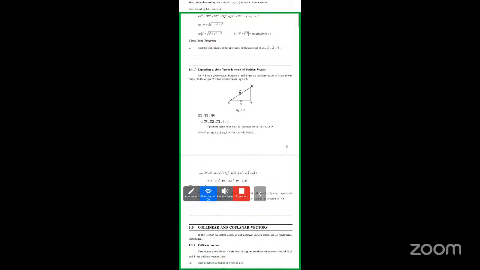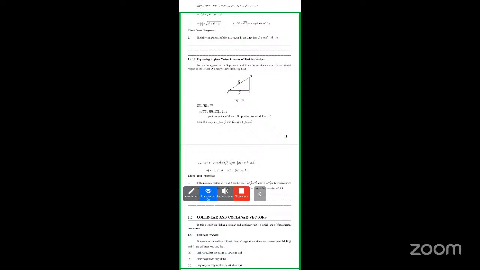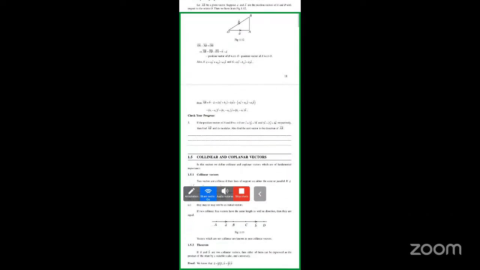So AB is equal to OB minus OA, that is B minus A. So A bar is equal to A1 i plus A2 j plus A3 k, and B bar is equal to B1 i plus B2 j plus B3 k. So AB is equal to B minus A, that is (B1 minus A1) i plus (B2 minus A2) j plus (B3 minus A3) k. So these are called the components of a vector in terms of position vectors.